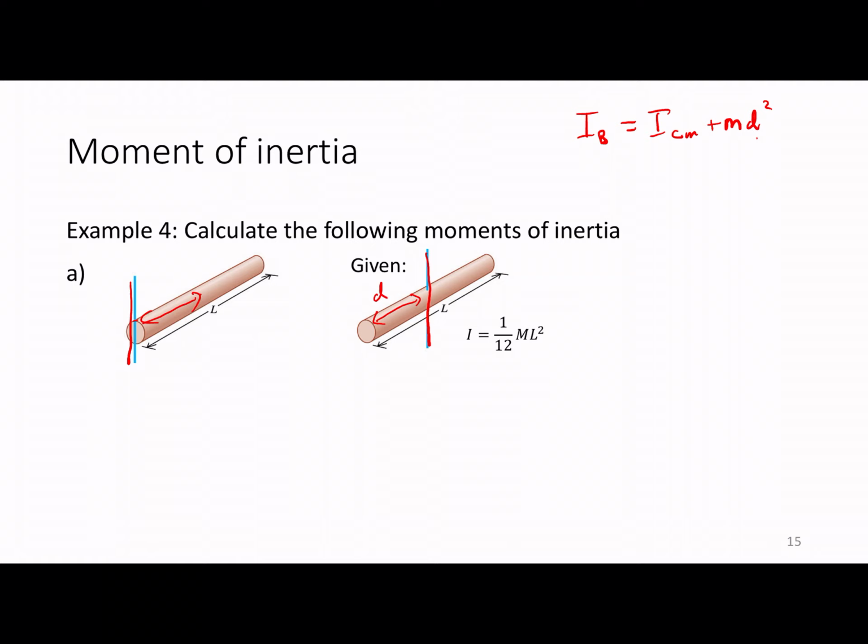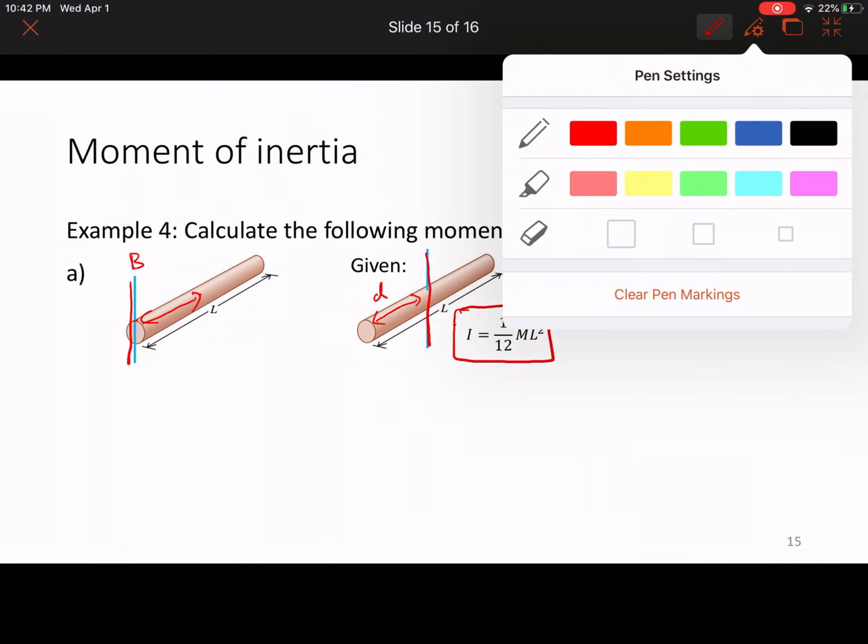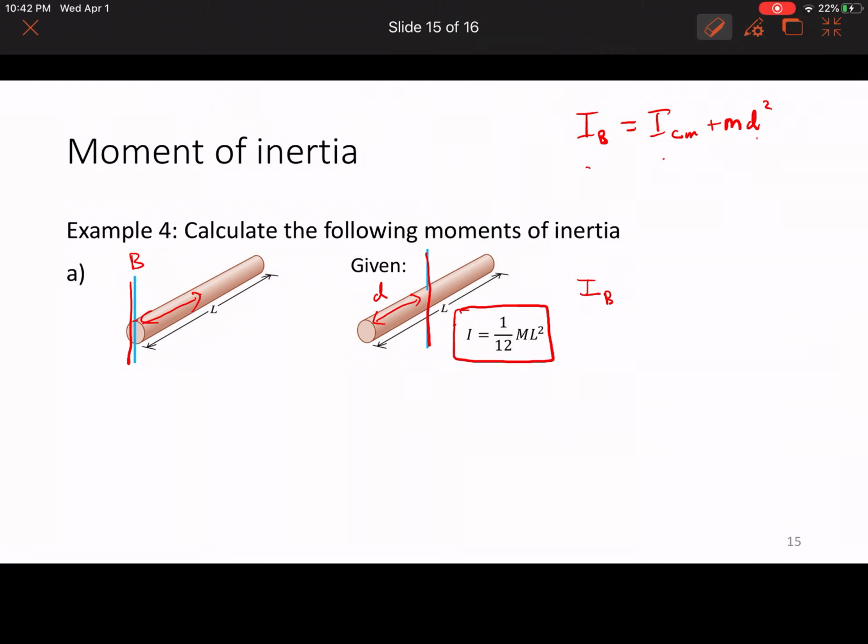And now we just need to plug that into this formula. So here I've actually told you the moment of inertia through the center of mass. I haven't told you IB. So in this case, IB, let's call this axis B, is I through the center of mass, which is 1/12 ml squared, plus md squared.